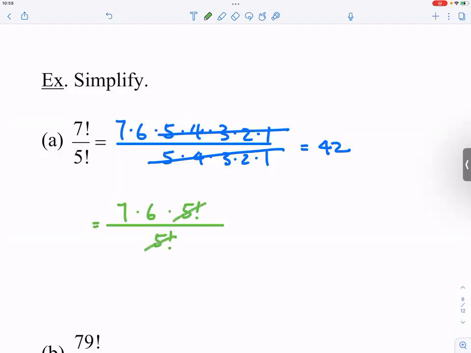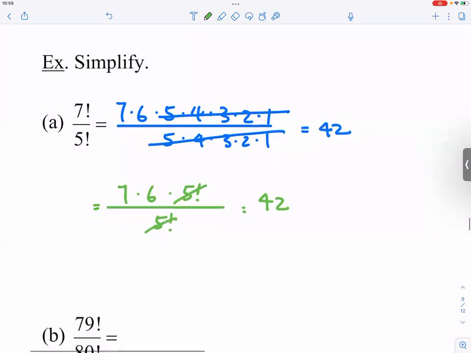And there you go. All you have is just 7 times 6, which still equals 42. So you need to know why we have the long way and the smarter way. They are equivalent. One of them you could write a little bit less.